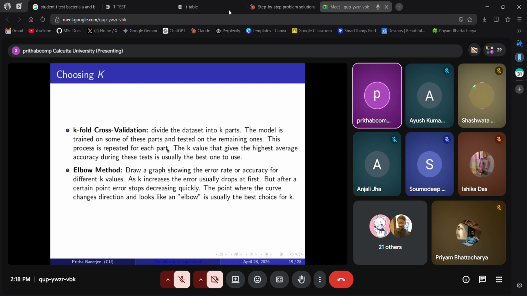How it is done with respect to KNN, we will see in the next class. Here, the k value that gives the highest average accuracy during this test is usually the best one to use. We'll look at both methods in the next class in a little more detail with figures and pictures.